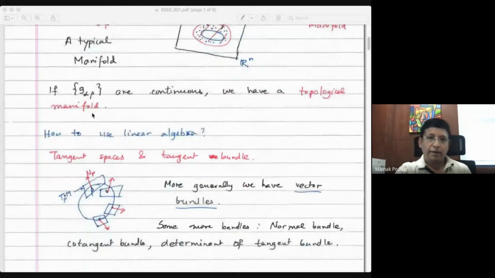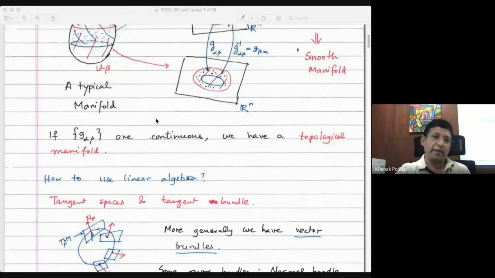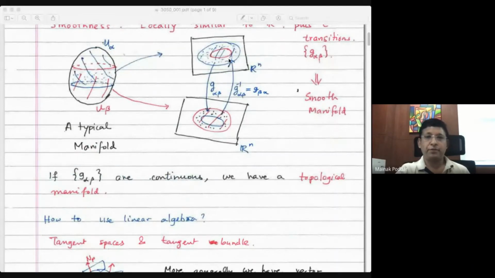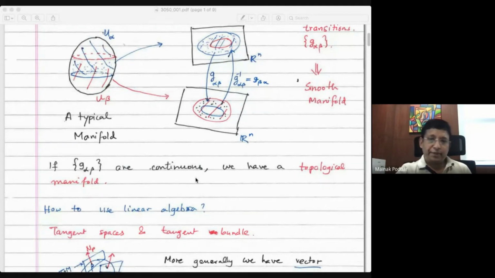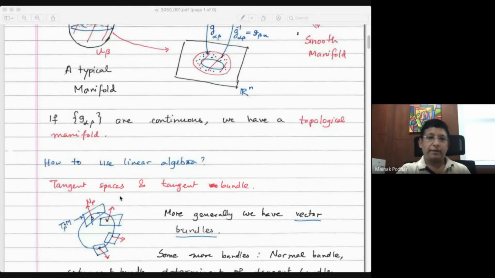All right. So now the next question is basically, by calculations, what we can do is calculus on these copies of Rn. And now we need something more. It turns out that to apply methods from linear algebra, we can look at something like the tangent spaces.